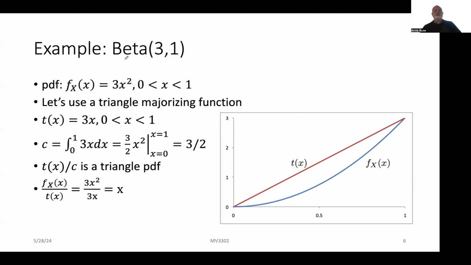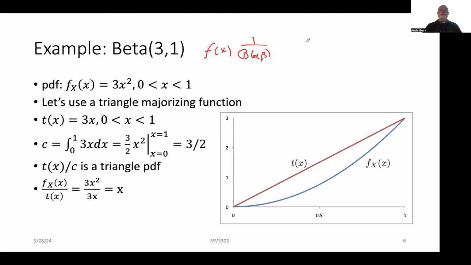Now, have you heard of the beta distribution? No? You heard of it, yeah. So the general beta distribution looks something like this. It's actually 1 over the beta function. It has 2 parameters, alpha and beta.